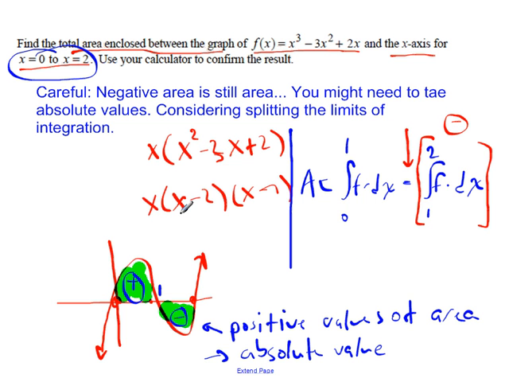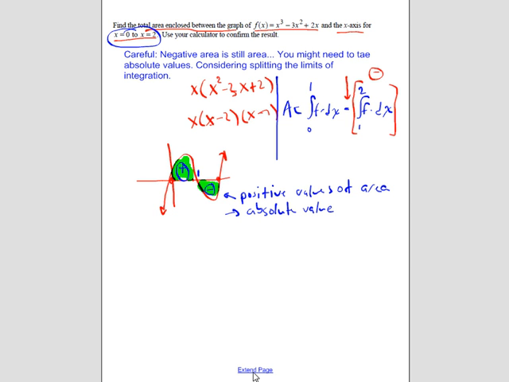All right, let's go through and do that actual work and get to an algebraic solution for this area. So we have the integral from 0 to 1 of x cubed minus 3x squared plus 2x dx, minus the integral from 1 to 2 of the same thing.